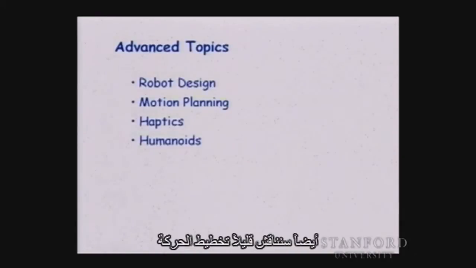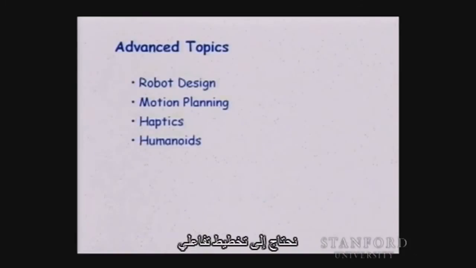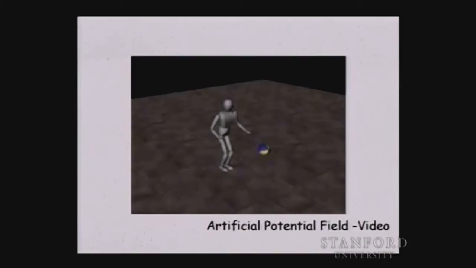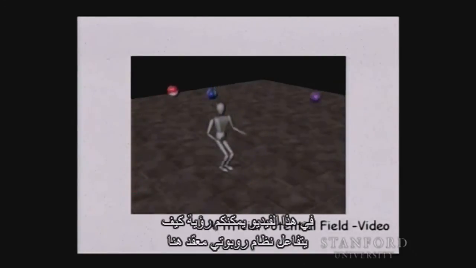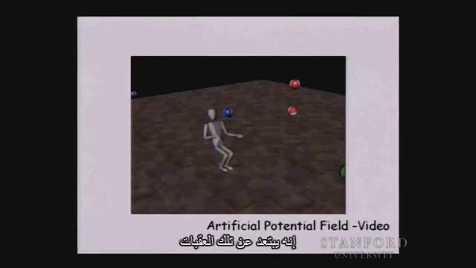Also, we need to discuss a little bit about motion planning, and especially if we are going to insert those robots in the human environment, we need reactive planning. In this video, you can see how a complex robotic system is reacting to obstacles that are coming at it. It's moving away from those obstacles.